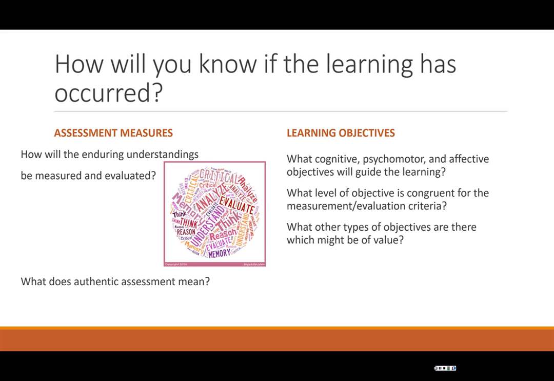That would be more the cognitive versus the psychomotor, and it wouldn't be at the same level. So you want them to be congruent with both the content from the enduring understanding as well as your assessment measures. When we talk about objectives, we will talk beyond the cognitive, psychomotor, and affective and spend just a brief time talking about some other objectives that other theorists also include.